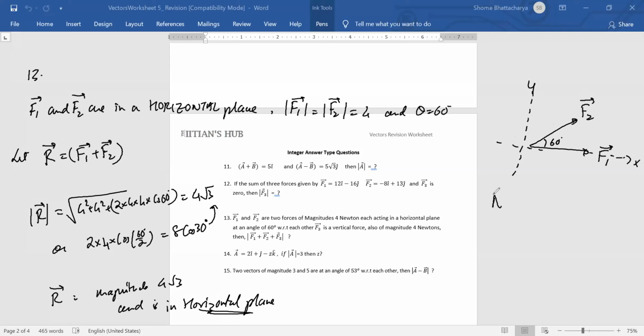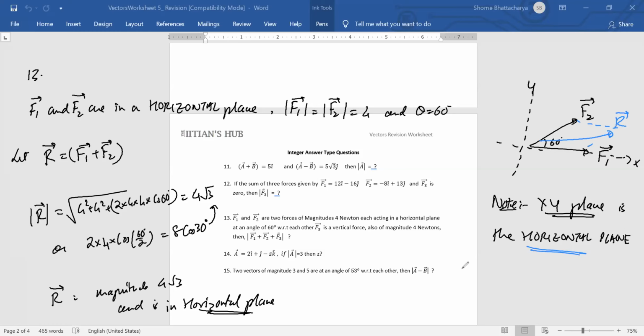Okay. So in this, the xy plane is the horizontal plane, no? So in this, the resultant of F1 and F2 will also lie in the xy plane only.